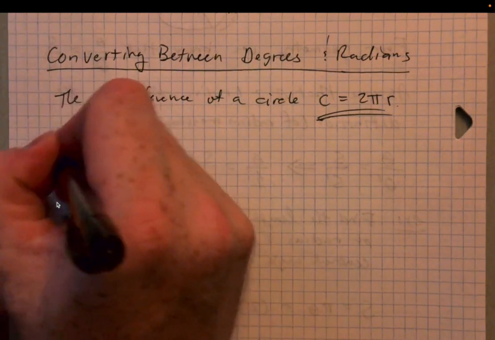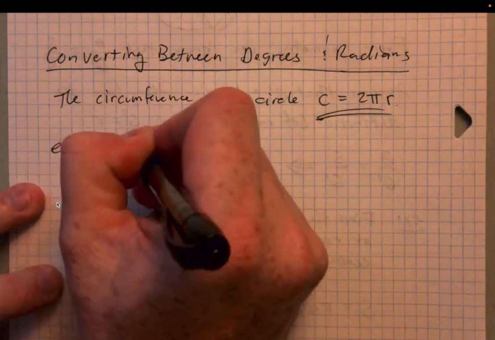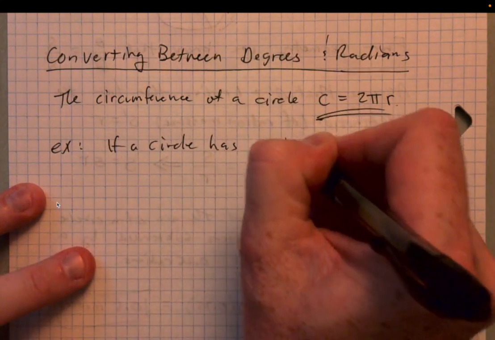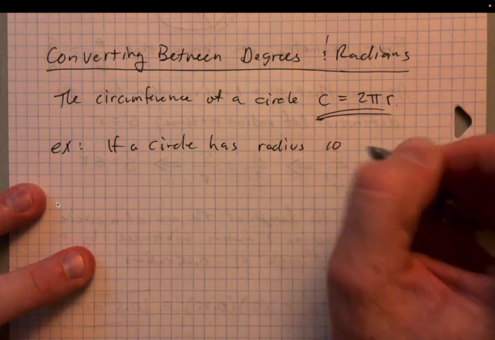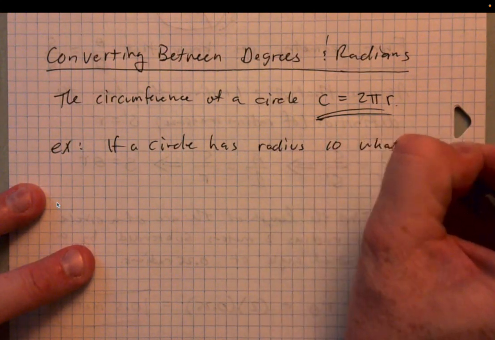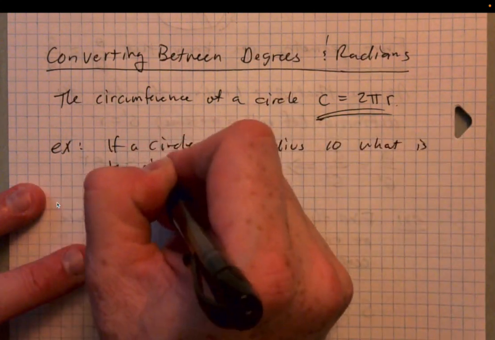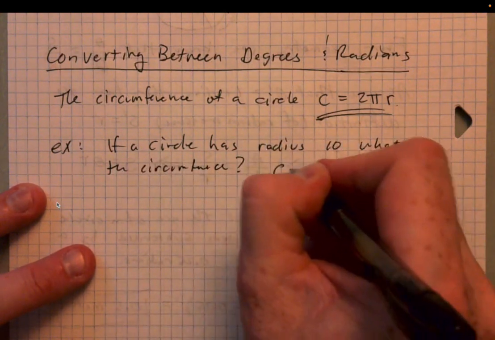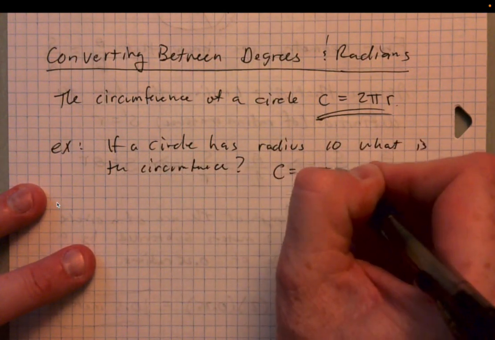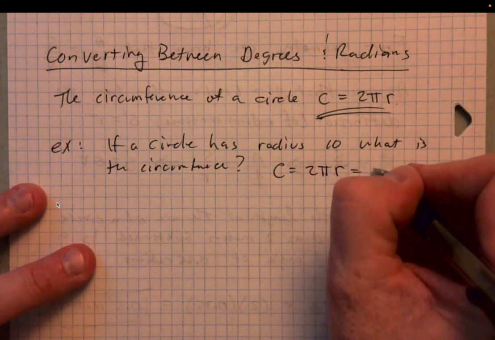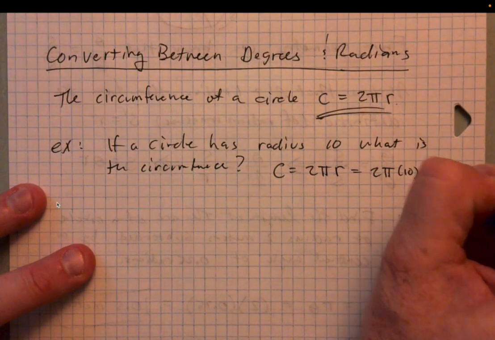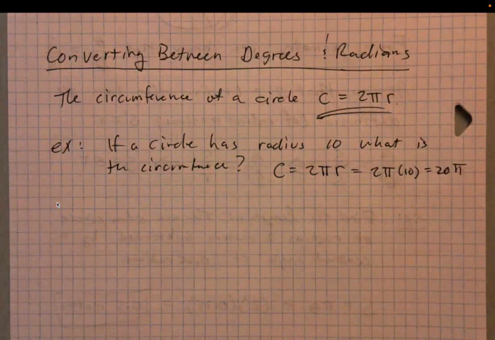An example here would be if a circle has radius 10, what is the circumference? Well, the circumference would be equal to 2 times pi times r. We know r, so it's 2 times pi times 10, so it's 20 pi. And that's approximately 20 times 3.14.